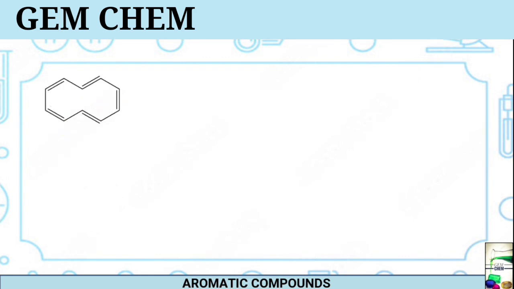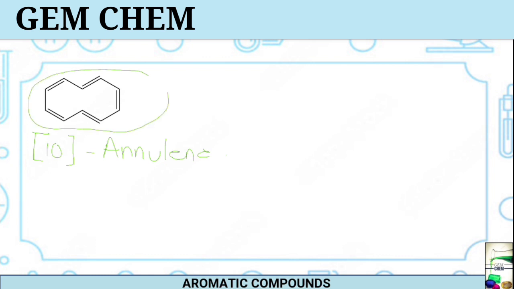Next we will deal with another type of compound which is known as annulene. This is known as 10-annulene. How is it written? It is written like this, 10-annulene. Since it contains 10 pi electrons within its ring, it is known as annulene. Now see here, this one is actually non-planar. Why?